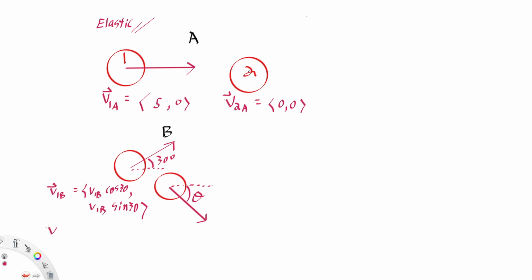The velocity of ball 2 we know even less about. But we do know it's going in the down direction, which is good because we want to hit the corner pocket, which is down here somewhere.